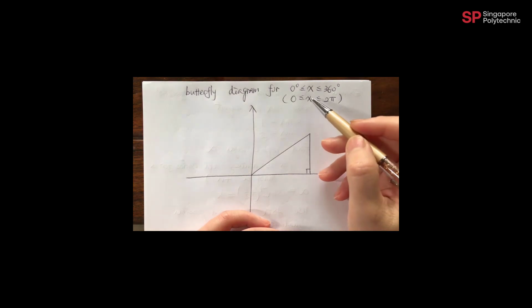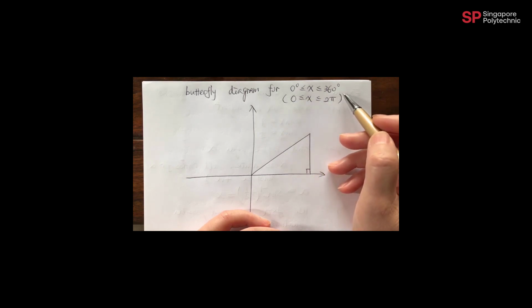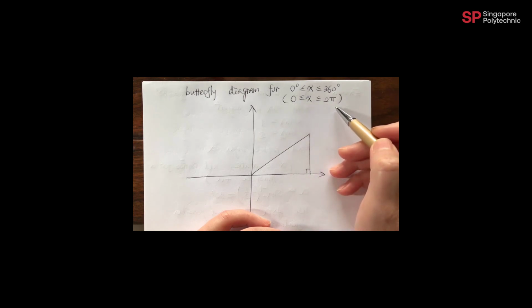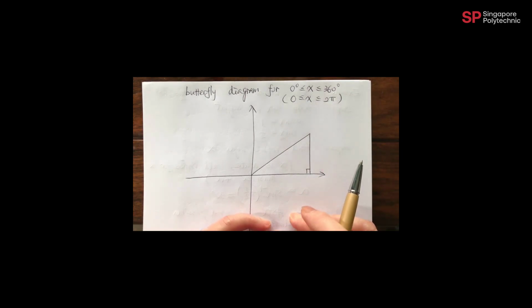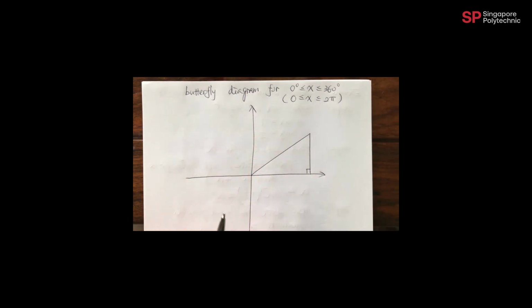For x that is rotated in anti-clockwise direction for one full cycle, meaning from 0 degree to 360 degree, or in radian from 0 to 2 pi. Based on our ASTC, we understand that the angle can possibly fall into either quadrant 1, 2, 3, or 4.